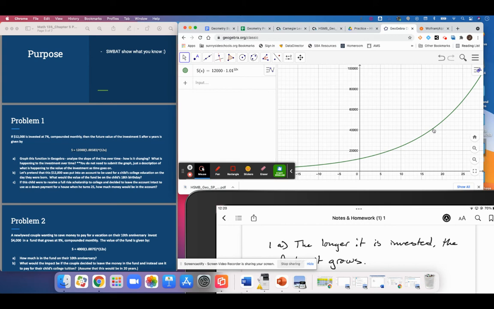And if they, for part C, were to leave it in there until 25 and use it as a down payment on a house, it would go all the way in those 5 years from about $40,000 to about $70,000. So in 7 years, they're gaining $30,000 for doing absolutely nothing.